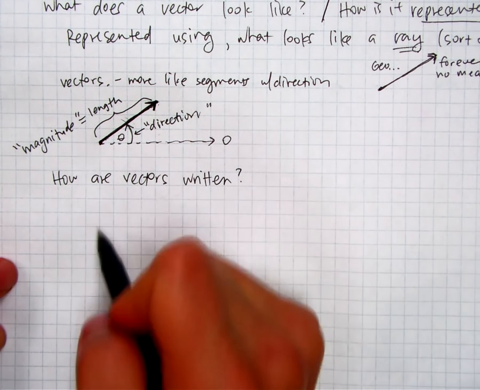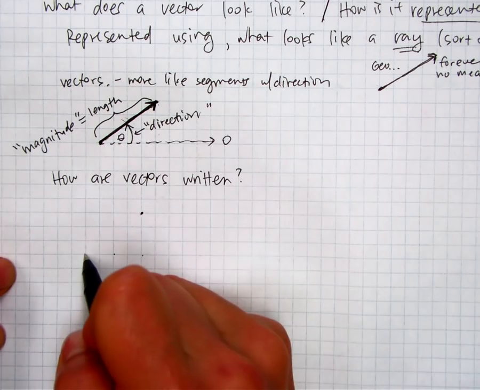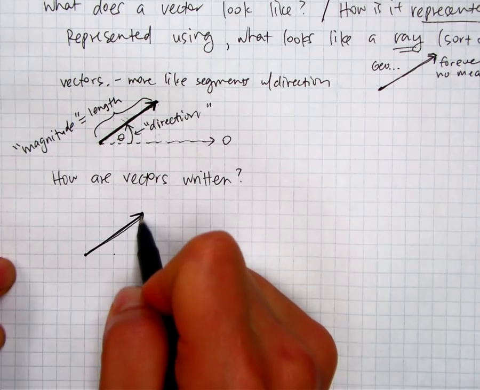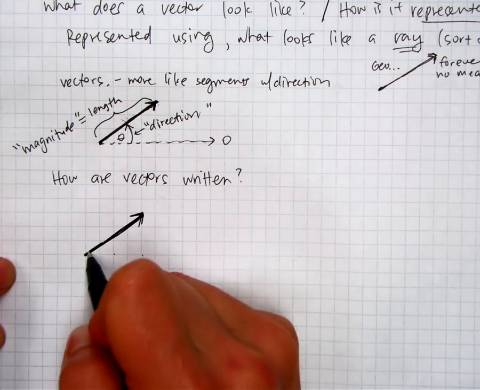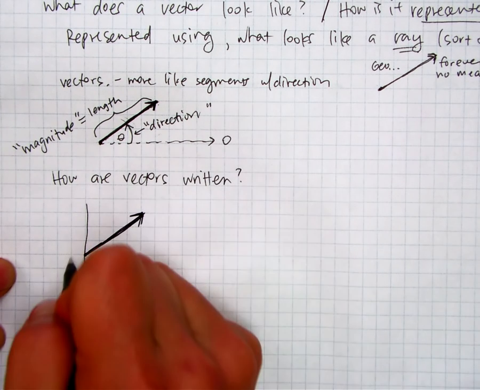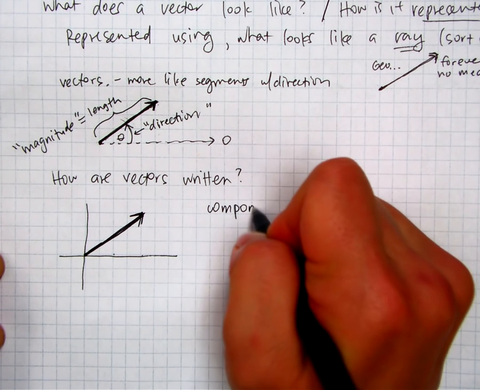So how are vectors written? I'm going to do 4 and 3 again. Because it's not like a ray, I can't actually go past this point. Vectors are written in component form.